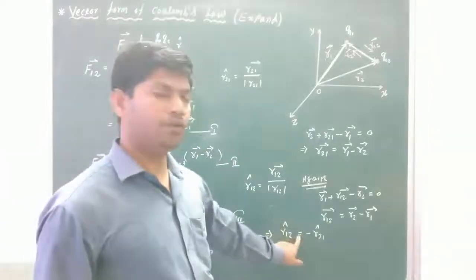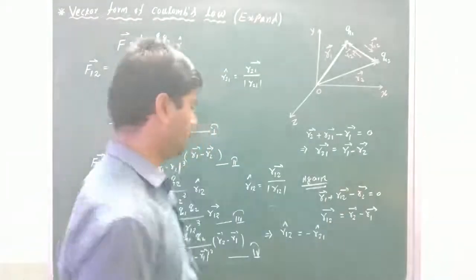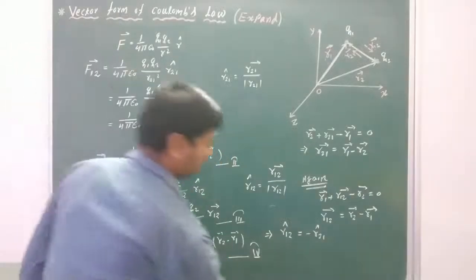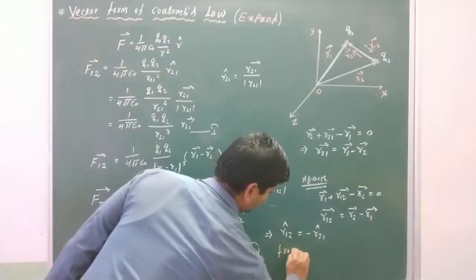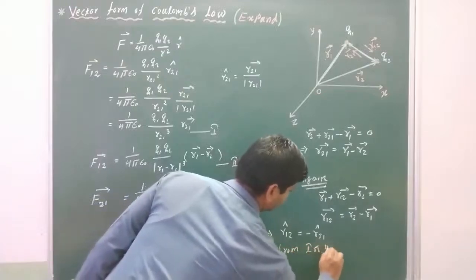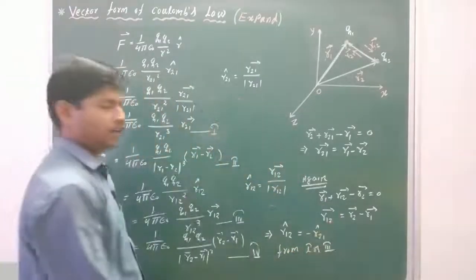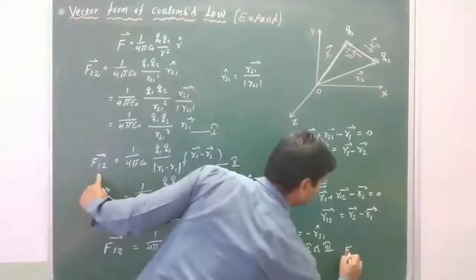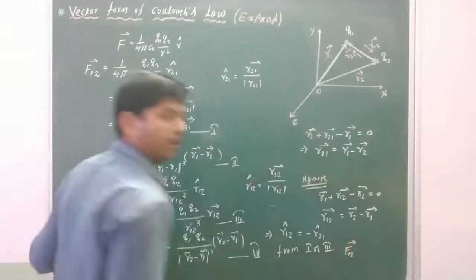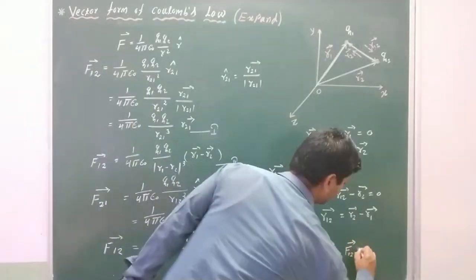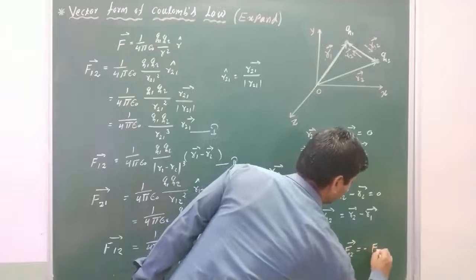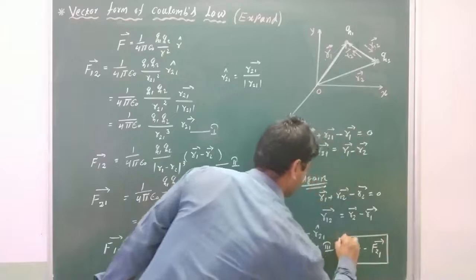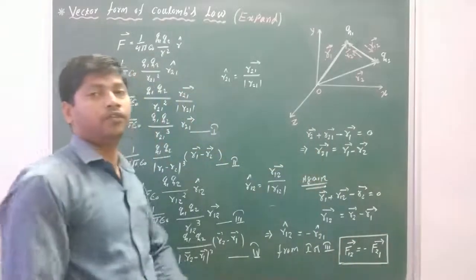Then again by comparing equations 1 and 3, we can write F12 vector is equal to minus of F21 vector. This is your vector form of the Coulomb's law.